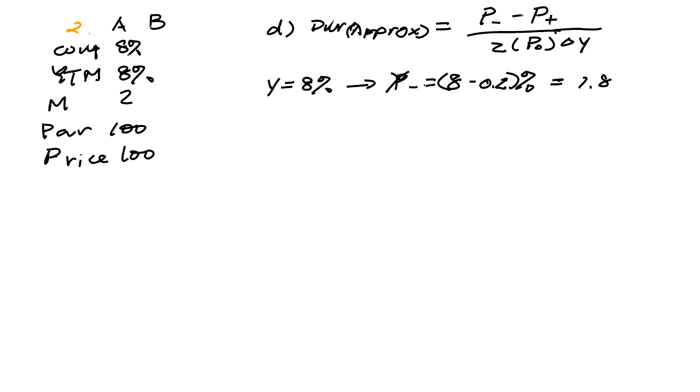Notice this is not 1 basis point. If it's 1 basis point, then it's a PVBP, but if it's not 1 basis point, then it's different. So for y plus, it's going to be 8 plus 0.2 percentage, which is equal to 8.2%.